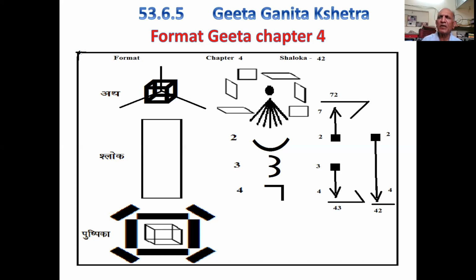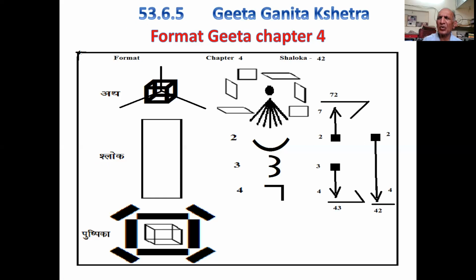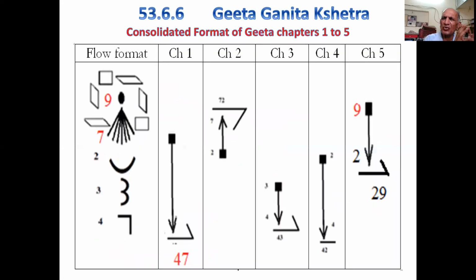Chapter 5 is the chapter which is a Karam Sannyas Yoga. There is a Arjuna Vishad Yoga, then there is a Sankhya Yoga, there is a Karam Yoga, followed by Gyan Karma Sannyas Yoga, and then at fifth phase and stage, Karma Sannyas Yoga.